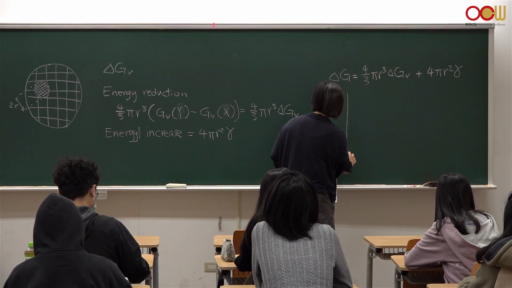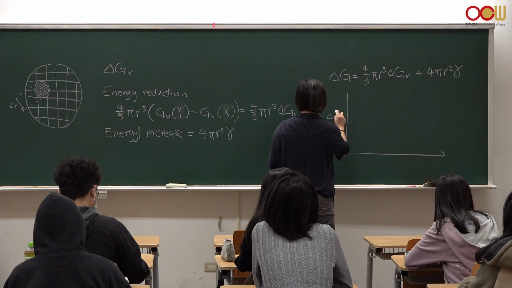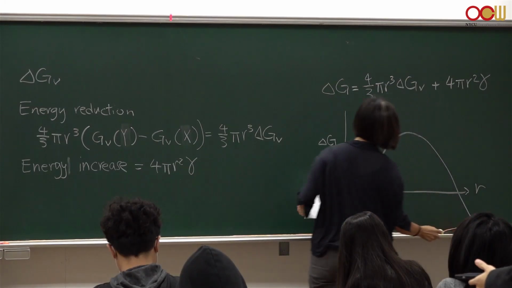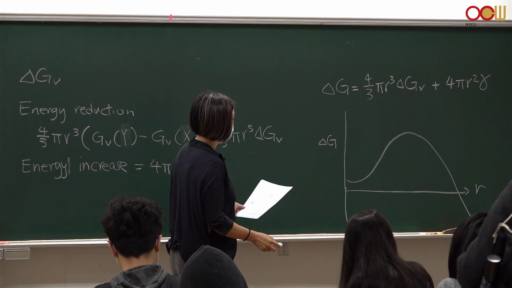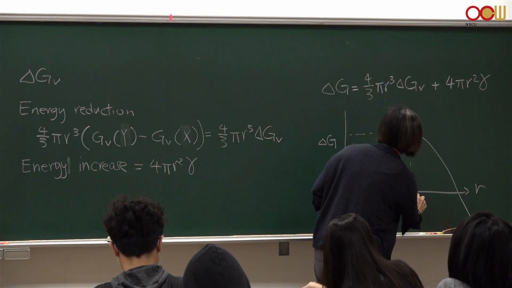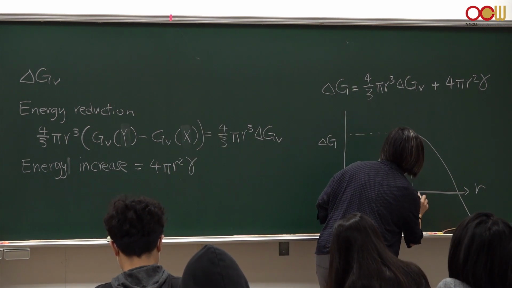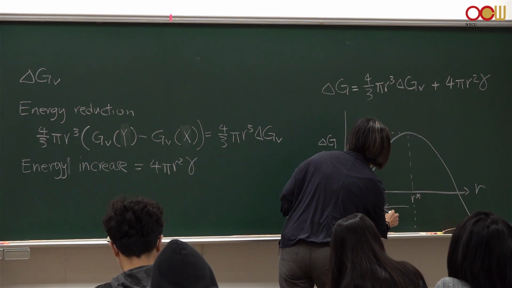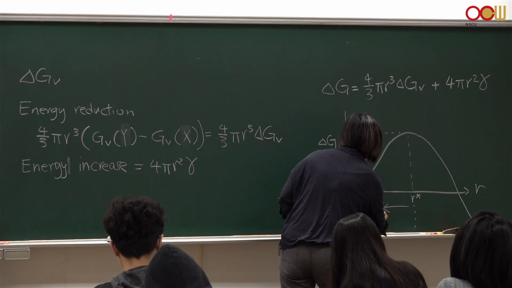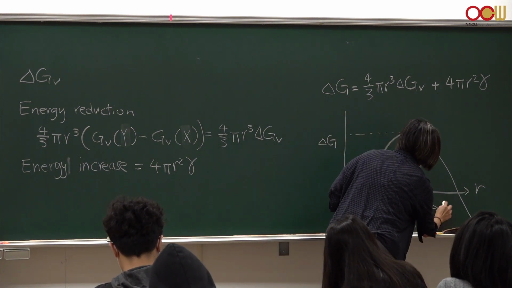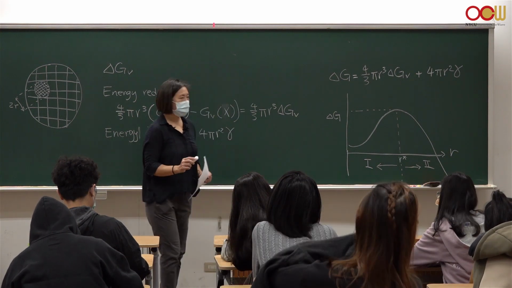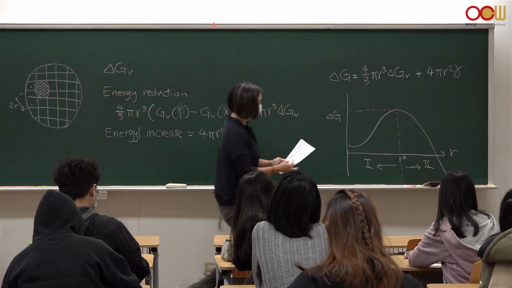So if you were to plot delta G versus r, you get something like that. Okay, this is r star, and I'm going to say that everything under r star is phase 1, or area 1. Everything above r star is phase 2, or area 2.